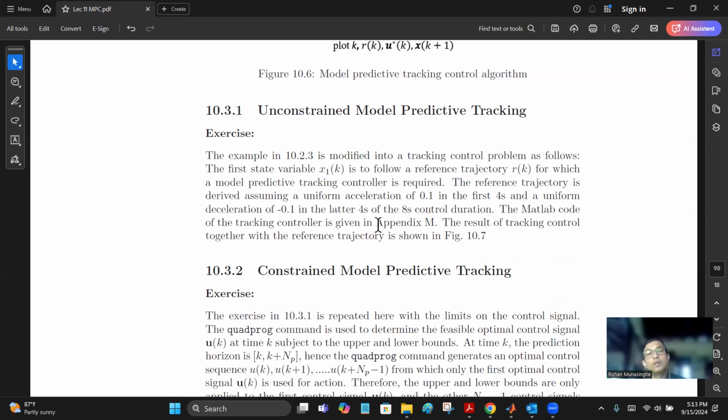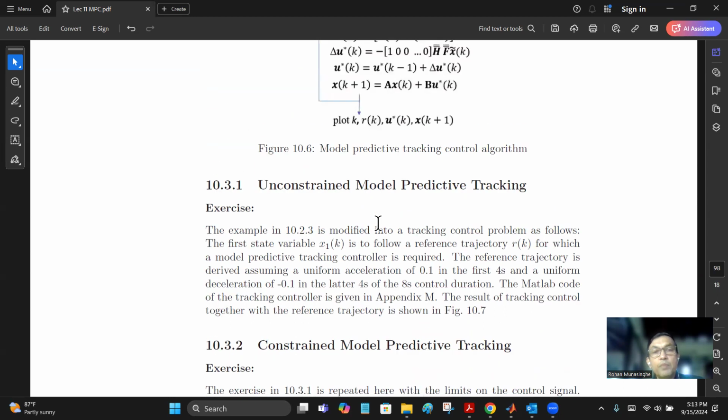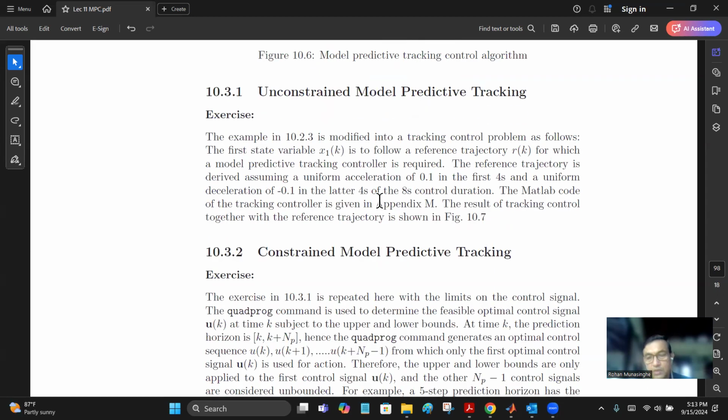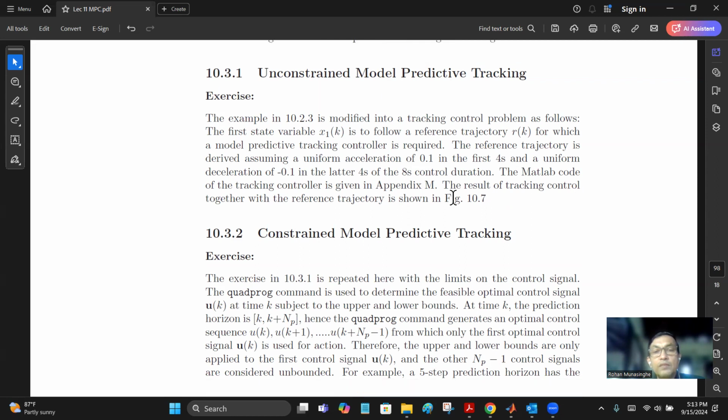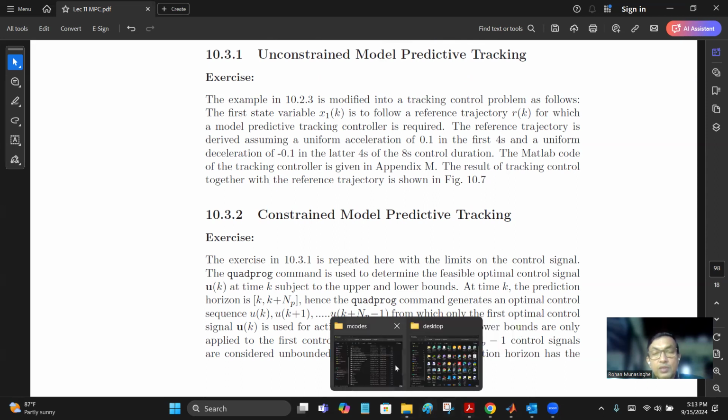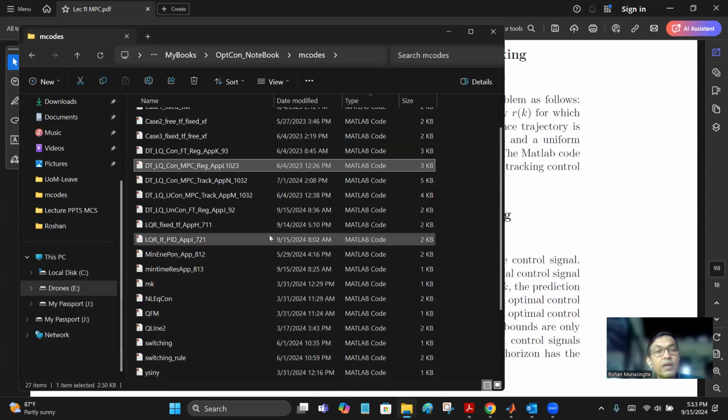Now, if you do the unconstrained model predictive tracking, applying this one without considering any bounds for the control signal, upper or lower, the ideal actuators, we'll see this exercise, Appendix M. Let me launch the code from there.